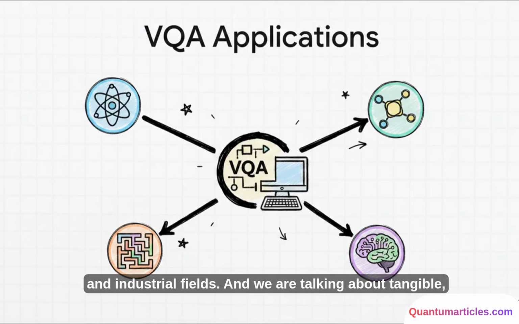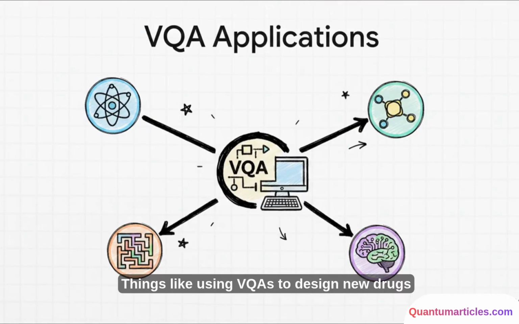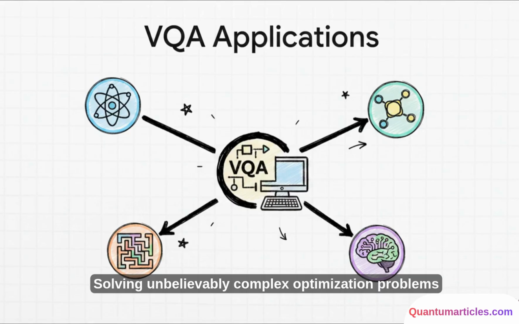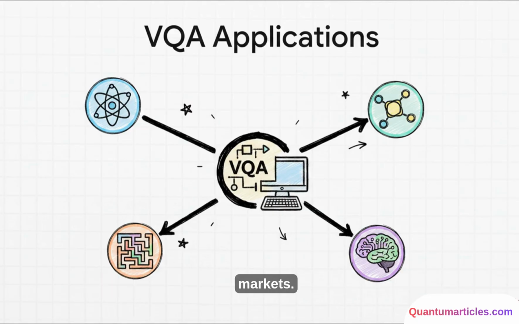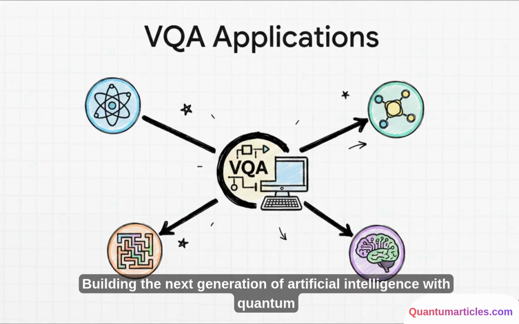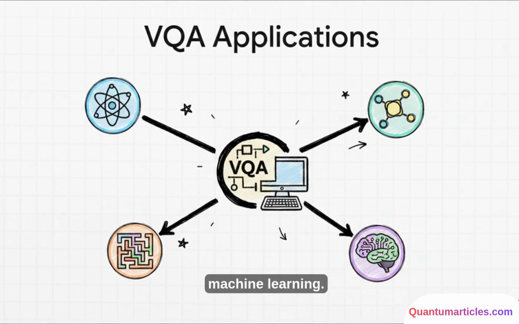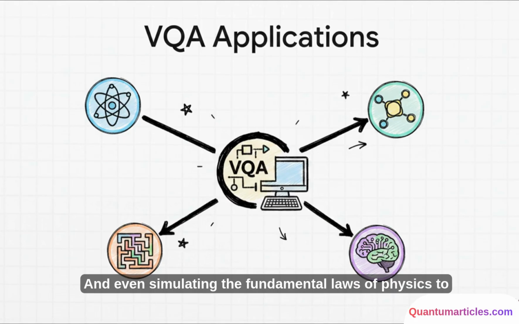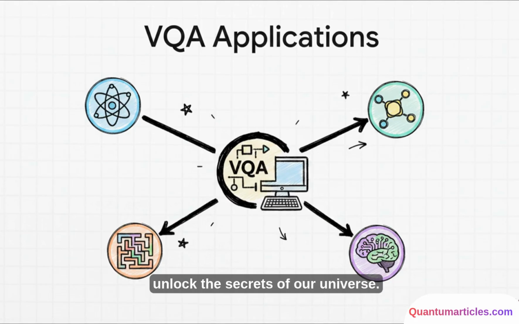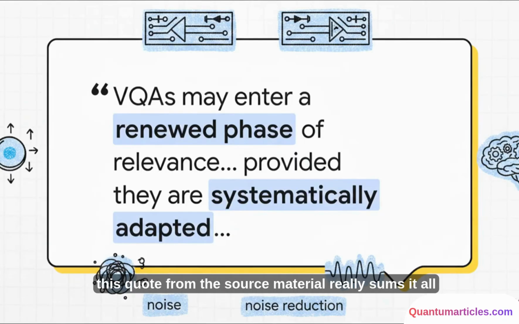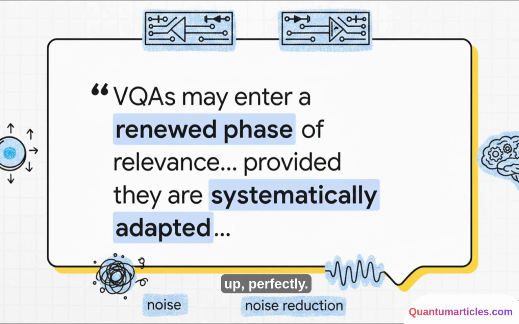And we are talking about tangible, real-world applications, things like using VQAs to design new drugs and materials in quantum chemistry, solving unbelievably complex optimization problems that are just impossible for classical computers, impacting everything from global shipping to financial markets, building the next generation of artificial intelligence with quantum machine learning, and even simulating the fundamental laws of physics to unlock the secrets of our universe.